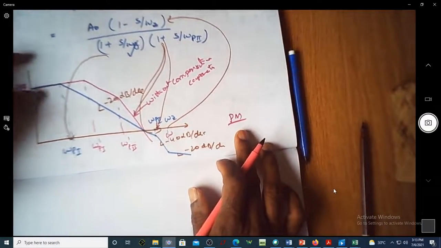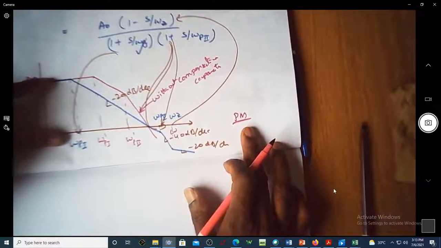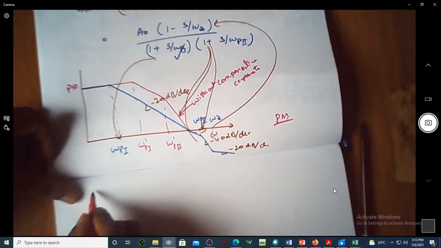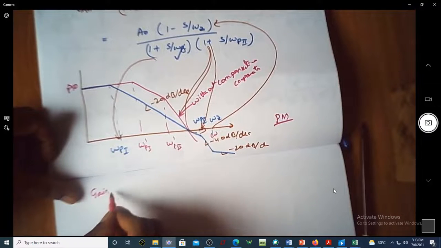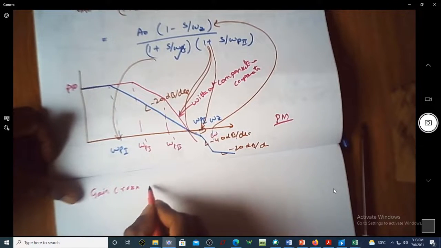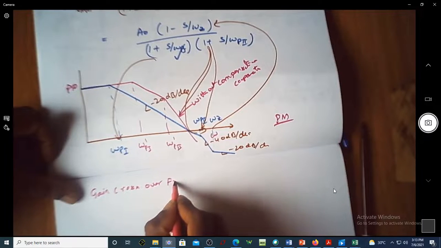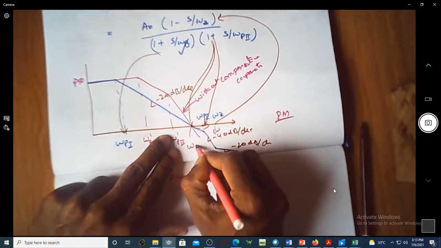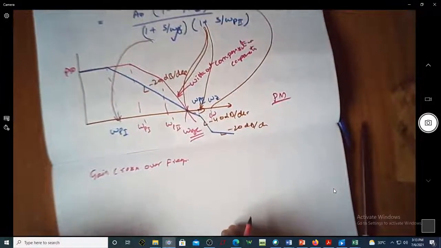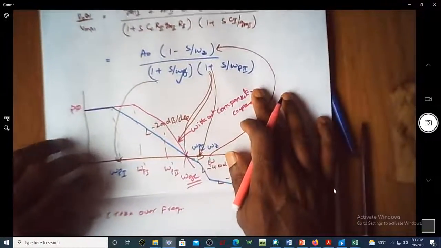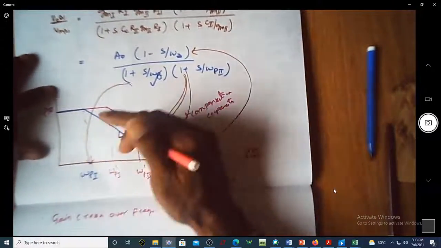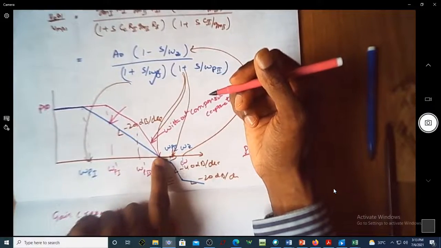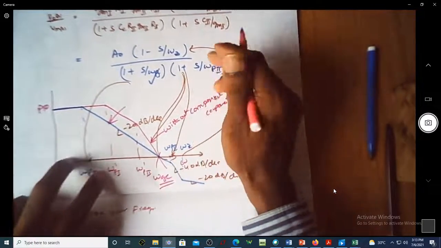We know that phase margin can be found out if we know the gain crossover frequency. So we are supposed to know the gain crossover frequency, which is exactly over here. Let me call it omega GC. If you carefully look at this blue plot at the frequency corresponding to omega GC, we have totally how many terms?